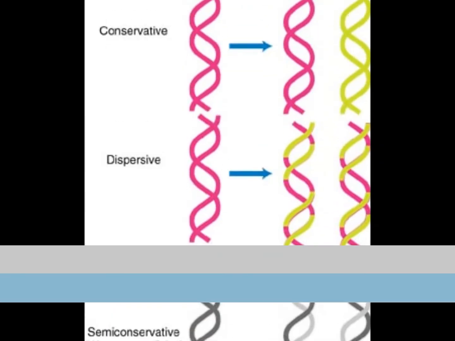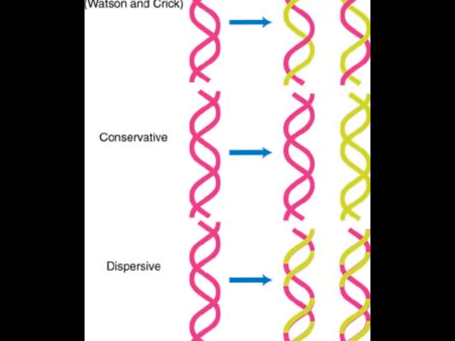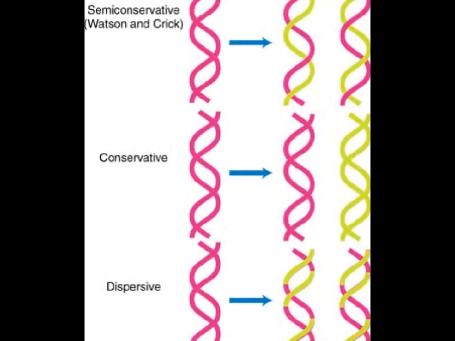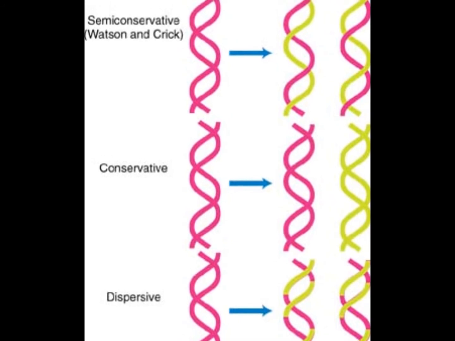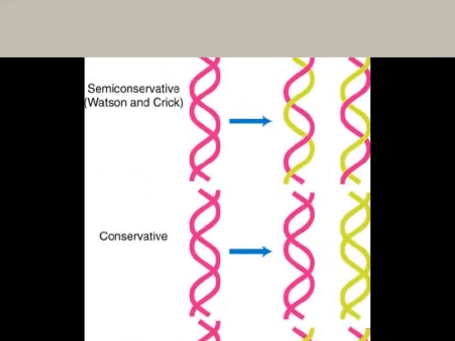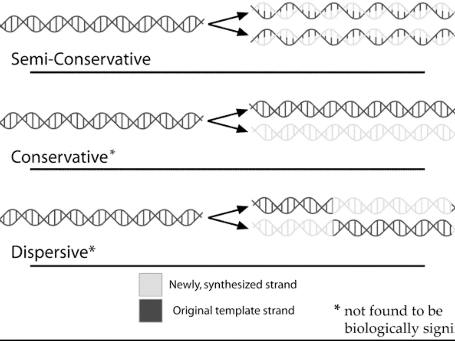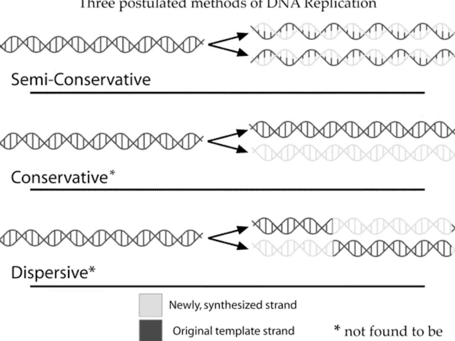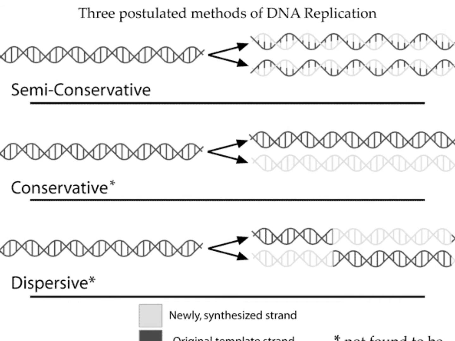The conservative replication leaves the original template DNA strands together in a double helix and produces a copy composed of two entirely new strands. The dispersive replication will produce two copies of DNA, each a mixture of original and new segments.